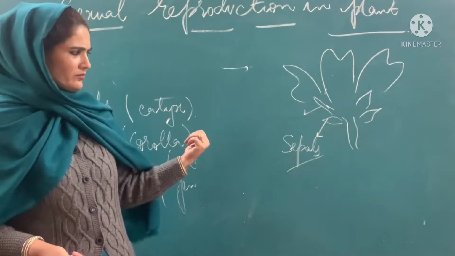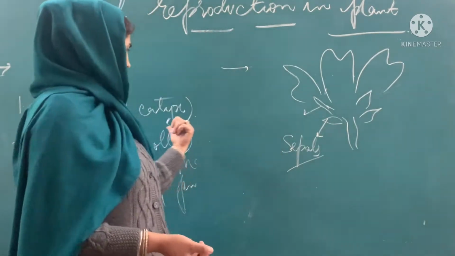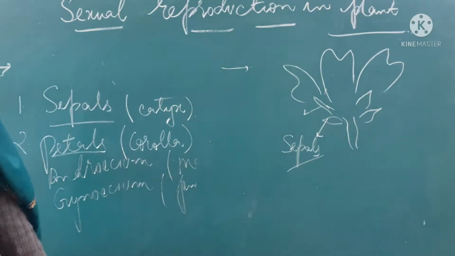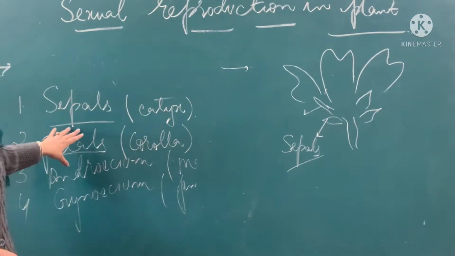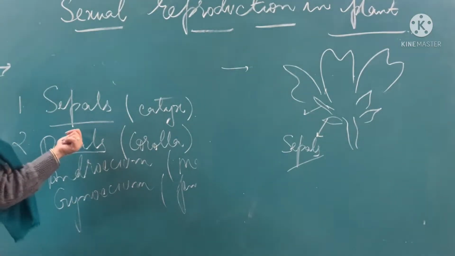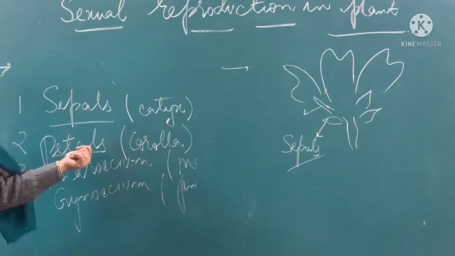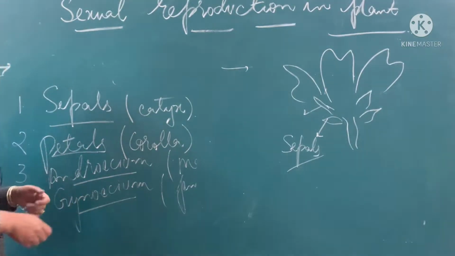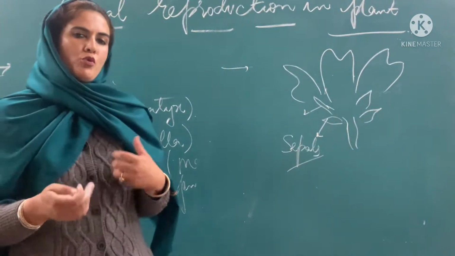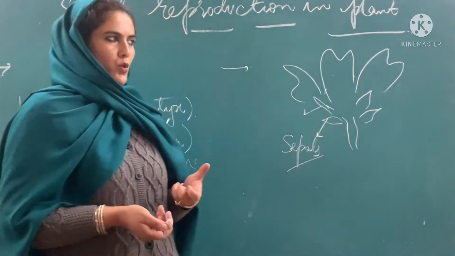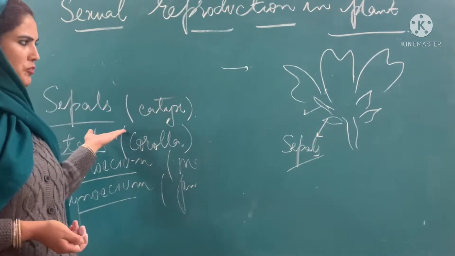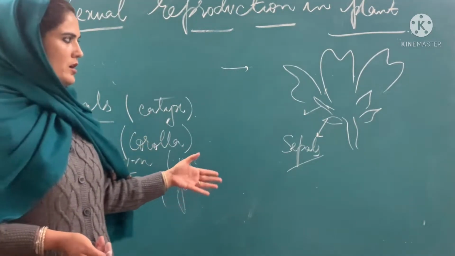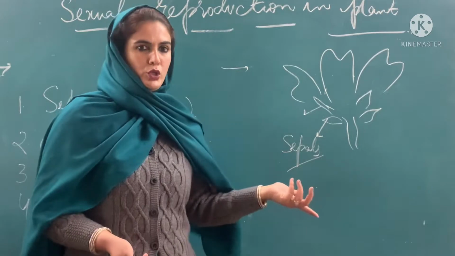Petals are also known as corolla, as I have told you. These two parts, sepals and petals, are not that important. The important parts are androecium and gynoecium, because they are involved in the reproduction process.